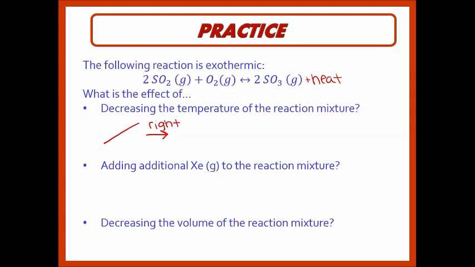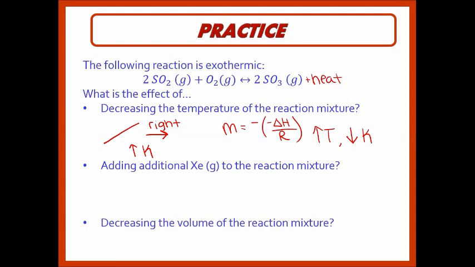So remember, for an exothermic reaction, the slope is going to be equal to negative delta H over R, therefore resulting in a positive slope, which means that as temperature increases, the equilibrium constant decreases. So in this scenario, if we're decreasing the temperature, we're actually going to be increasing our equilibrium constant.